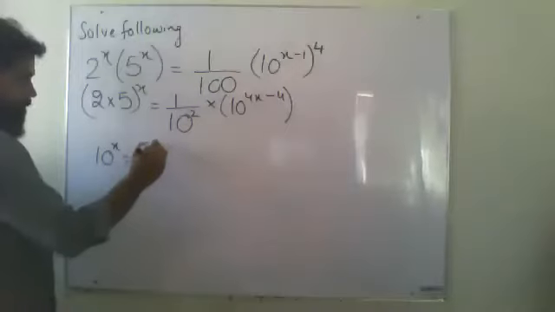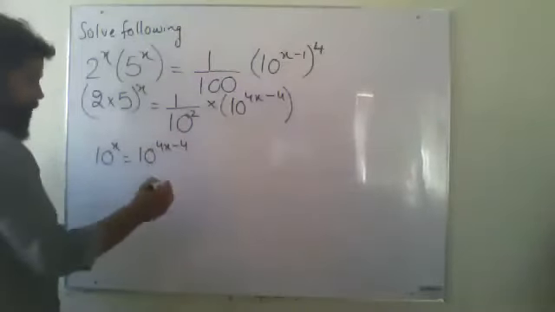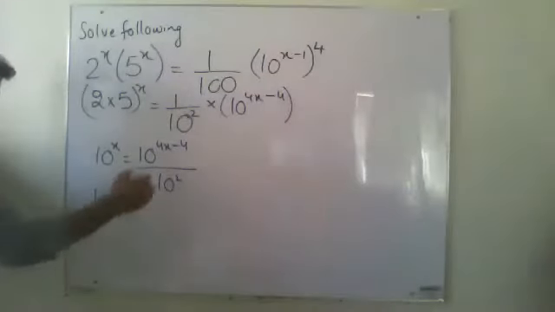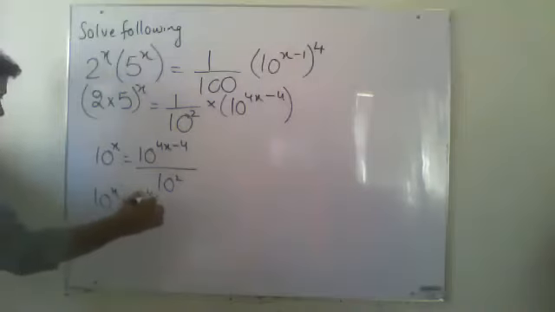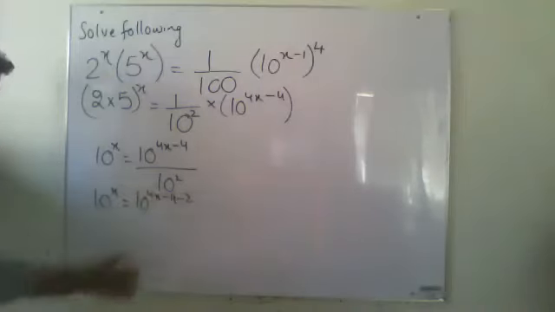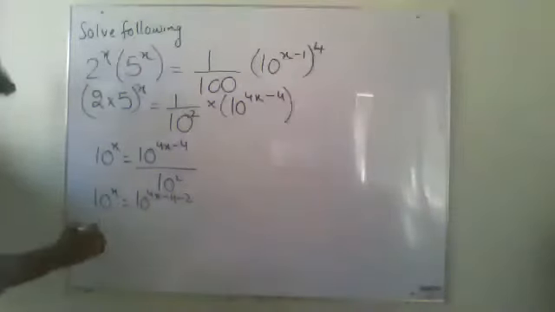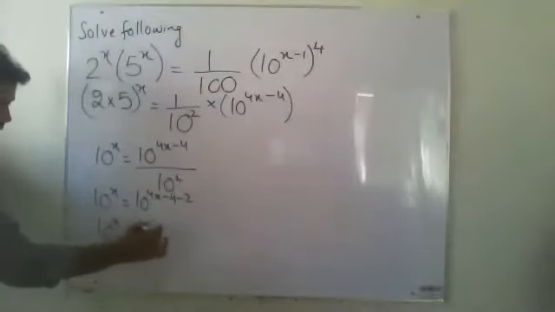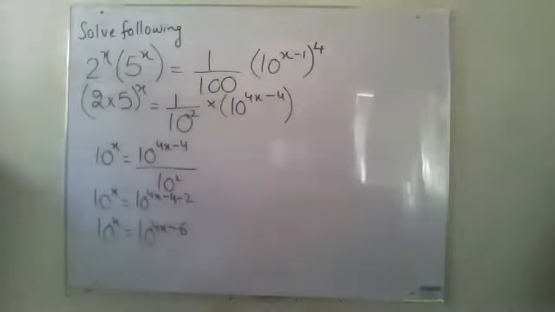So 10 to the power 4x minus 4 over 10 square. Bases are same and being divided. So this will become 10 to the power 4x minus 4 minus 2. So 10 to the power x equals to 10 to the power 4x minus 6.